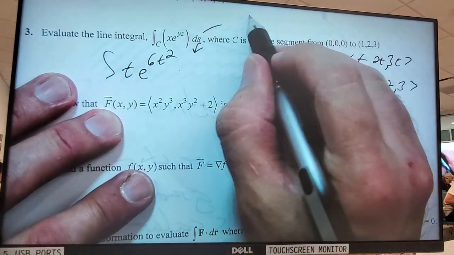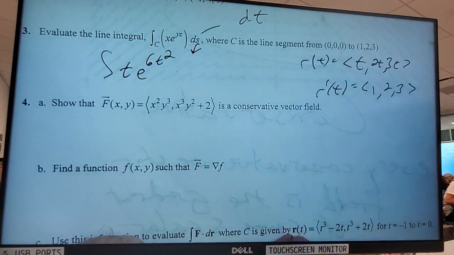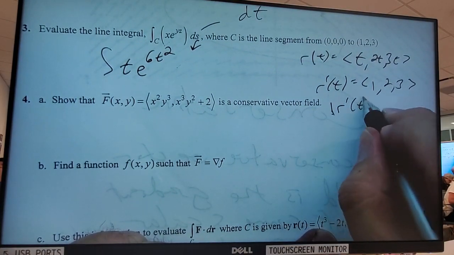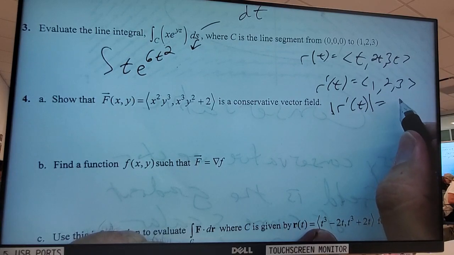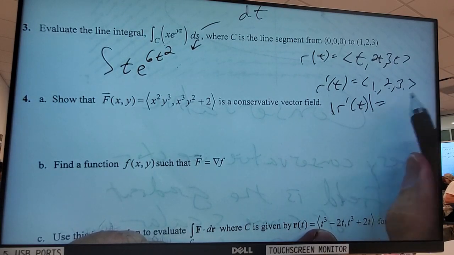Because if I want to make this dt, then that would be the length of r prime. It's been a while. Well, here, what's the length of r prime? Yeah, 1 plus 4 plus 9. So that'll be square root of 14.